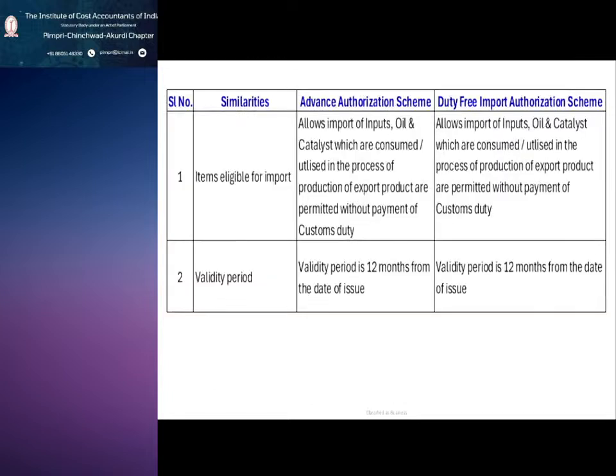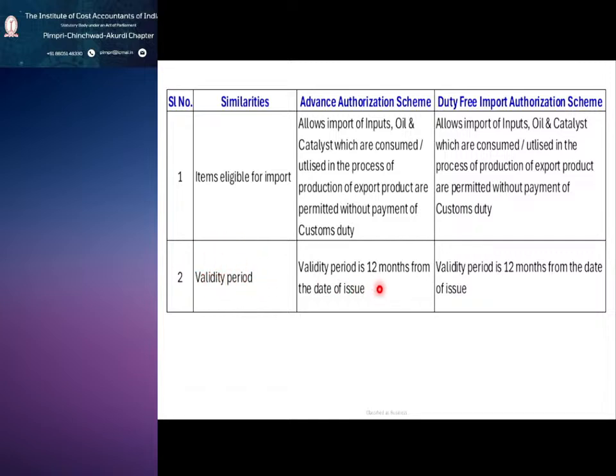First we will see the similarities. Items eligible for import: in both advance authorization and DFIA, the items are similar. Items eligible for export, and below is the validity period. What is the validity period?